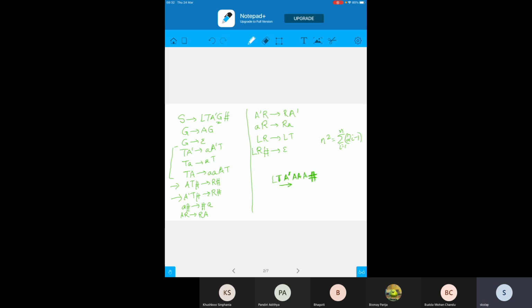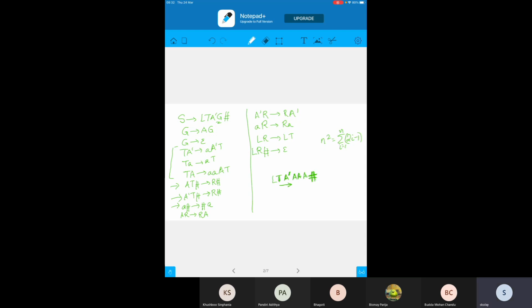Also, with small a's, once I have generated a small a, I will try to move my right hand marker. This is not exactly the right hand marker, but it's sort of a right hand marker up to the last non-terminal that appears in my sentential form.